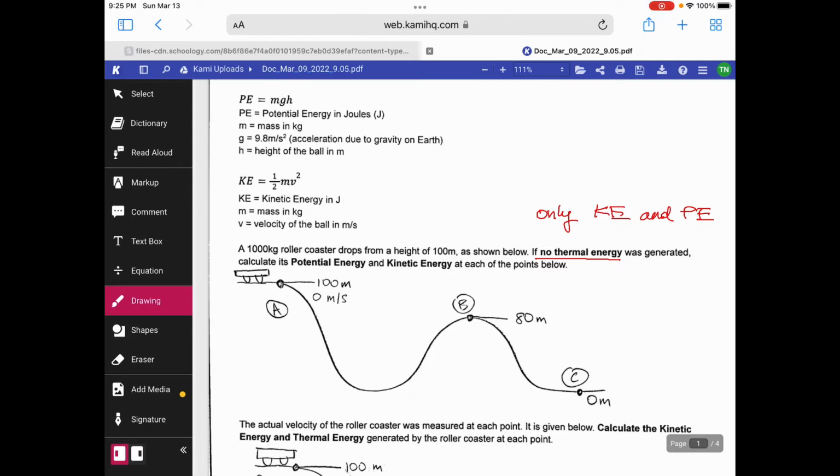So the question says, calculate the cart's potential energy and kinetic energy at each of these points, point A, point B, and point C. So we have to find its potential and kinetic energy at each of these points.